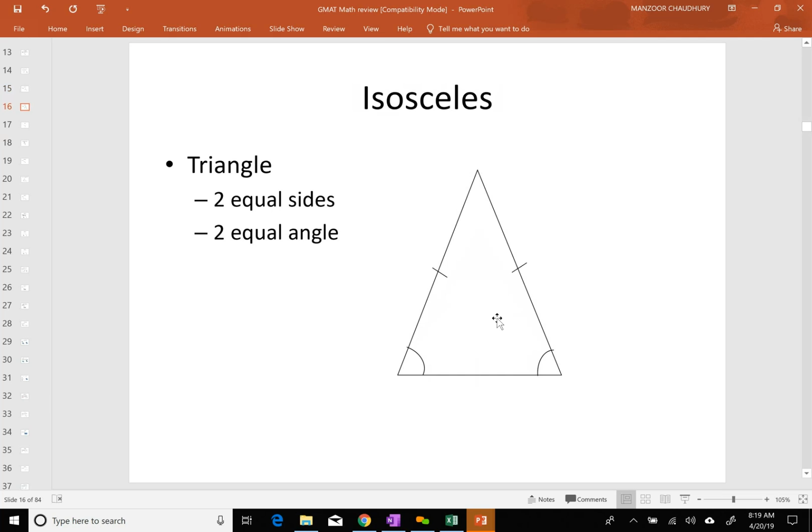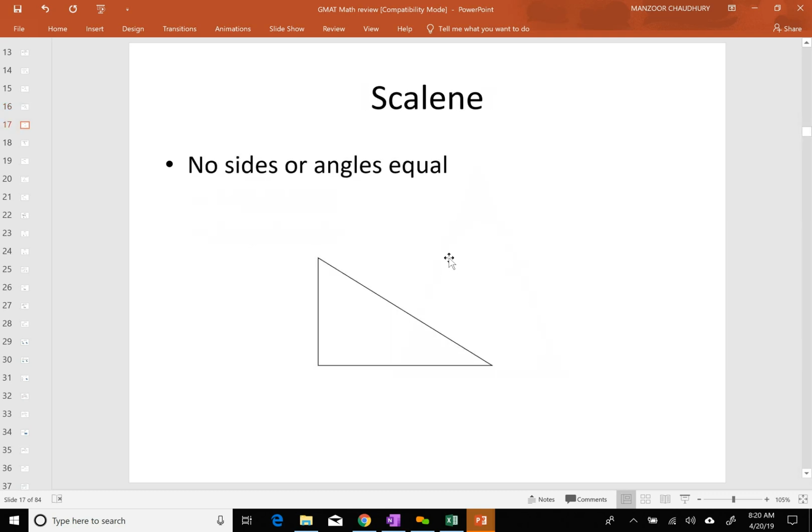With an isosceles triangle, you can cut it in half too, but the bad thing is you cannot really call it 30, 60, 90. So you can use the Pythagorean Theorem to find out whatever is missing. Make sense?